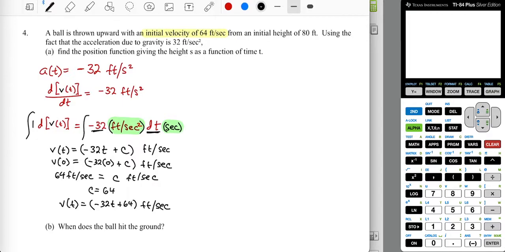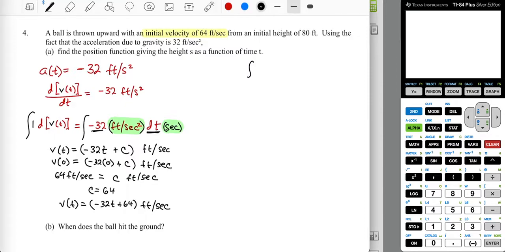All right. So now what I need to get is the antiderivative of that. The antiderivative of v of t. That's what we're looking for, but we run into a little bit of a notation issue.